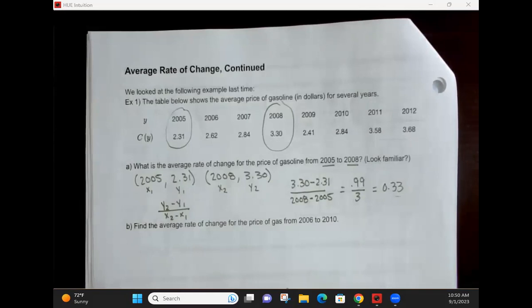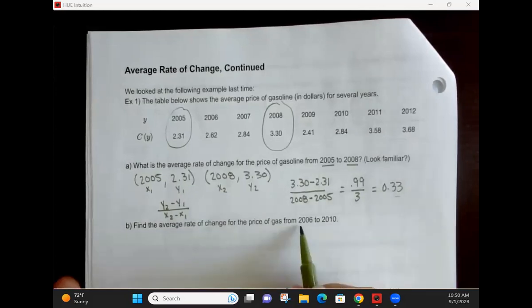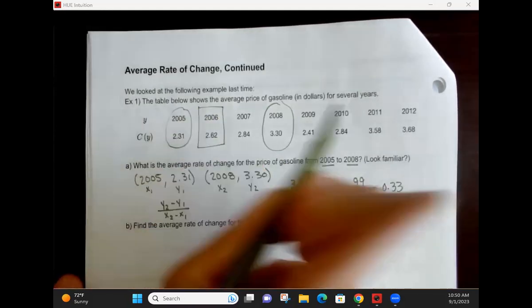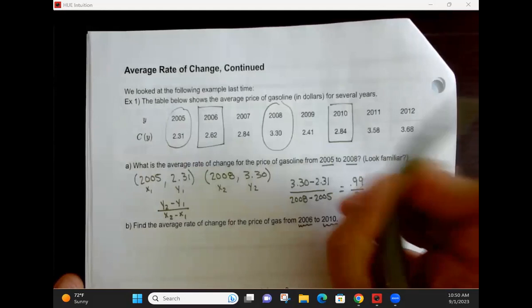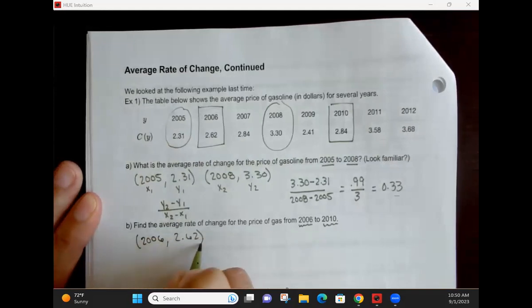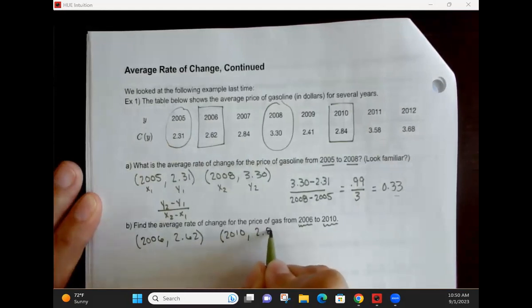Now we're going to do this again, but with a different time frame. So this time, 2006 to 2010. So here's 2006, here's 2010, exact same idea. So I'm going to treat these like points, 2006, comma 2.62, and 2010, comma 2.84.